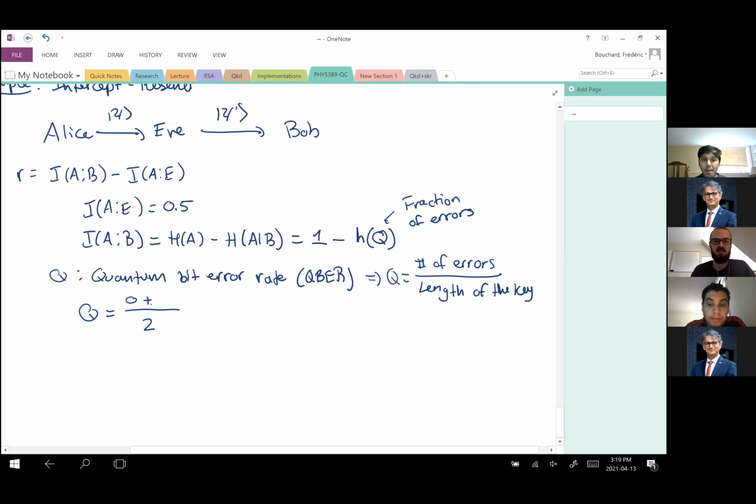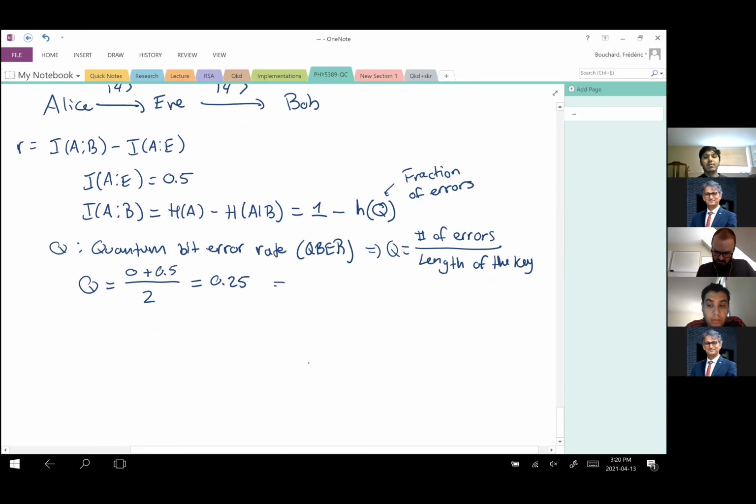Or the other case is she guessed the wrong basis. That means she measured in the wrong basis, gets something completely random and then sent a completely random photon to Bob. In that case, Alice and Bob's error rate will be 50%. So they have completely random bits. And the average of these 2 cases will be 25%. That's the error rate that you get from an intercept resend.